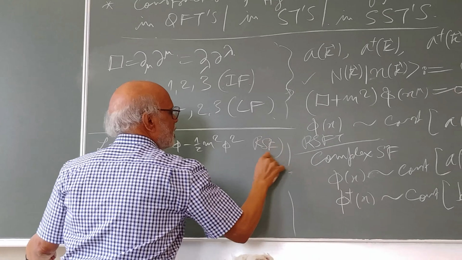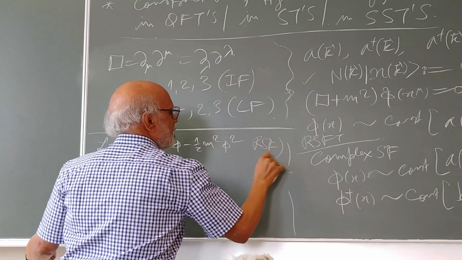Okay, we keep these things in mind. So for the oscillator in quantum mechanics, I have A, A dagger, and N. Okay.